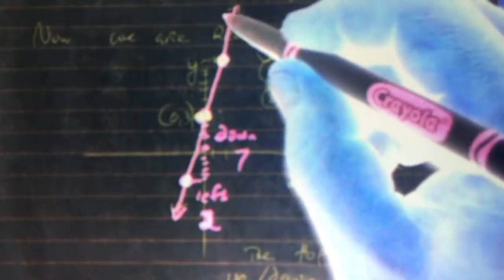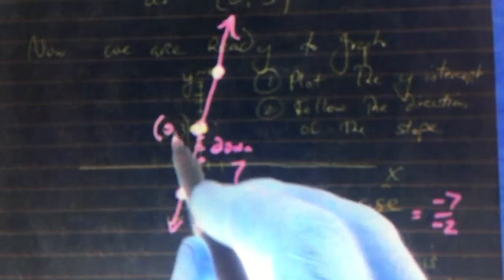All you have to do is connect the dots, and you have yourself a graph of a line. In this case, it's a positive slope. No surprises there. It looks like a plane taking off. To recap, we started by plotting the y-intercept at (0, 3).